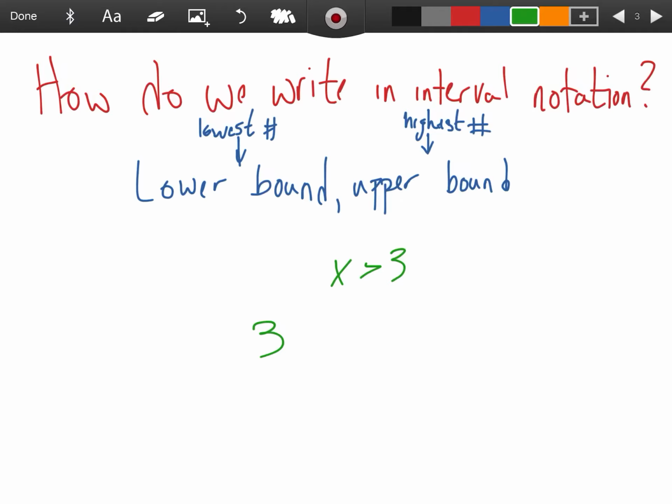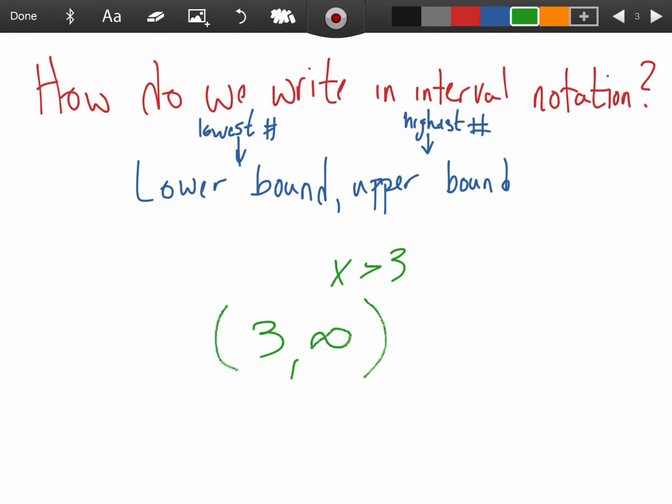And then, what's my upper bound? What's the highest I can go? Well, I can go way beyond 3, right? 4, 5, 6, 7, 8. It goes on for infinity. So the highest number we can go to is infinity. So that's going to be my upper bound. And then we have parentheses around both of those.